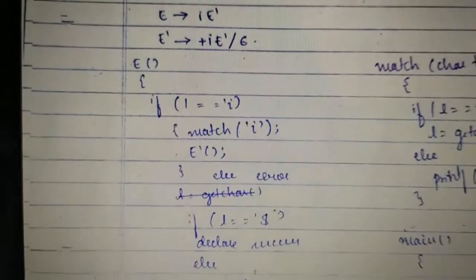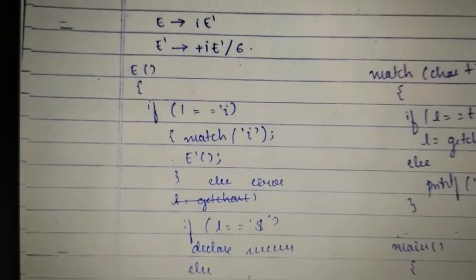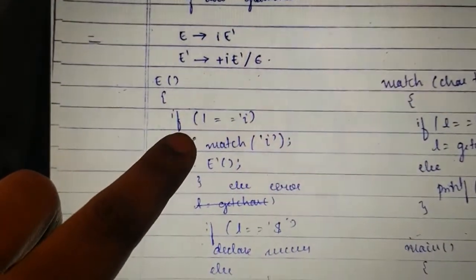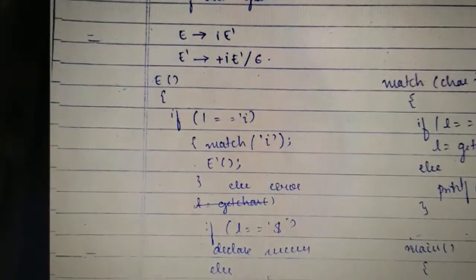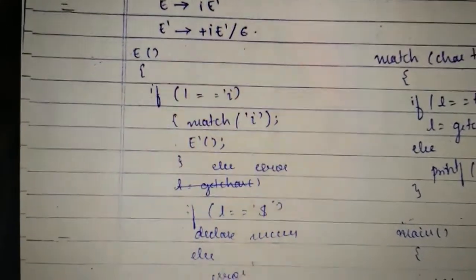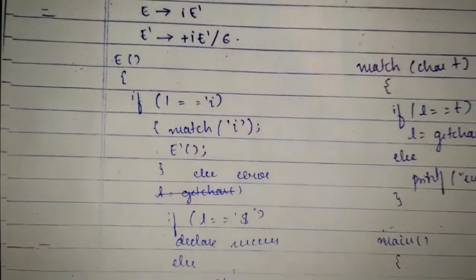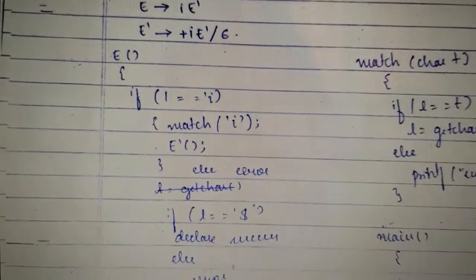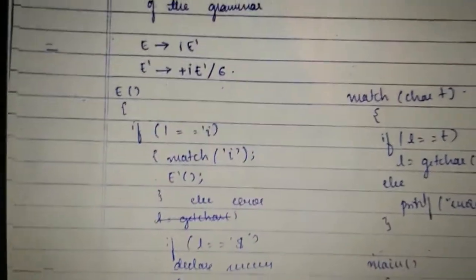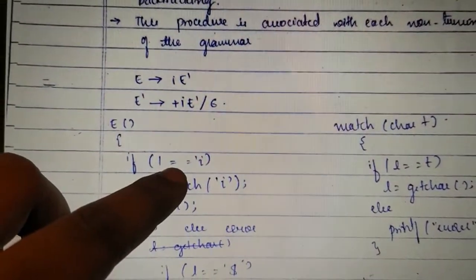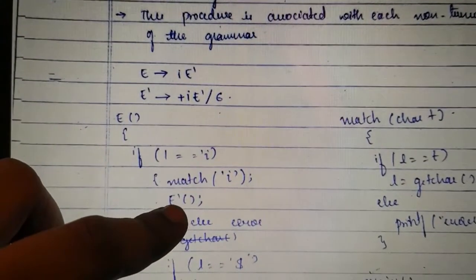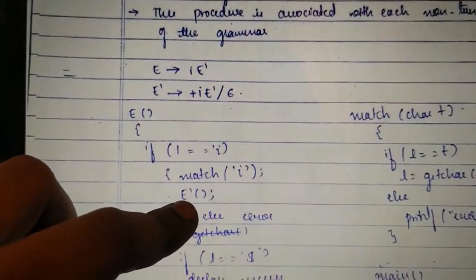What is there in the E function? We have a global variable called L, which stands for lookahead. If lookahead is equal to i, it will match with the terminal i, and then it calls the next function E'. See, there is iE'. First it will match with the terminal i, and then it is calling the non-terminal E'.